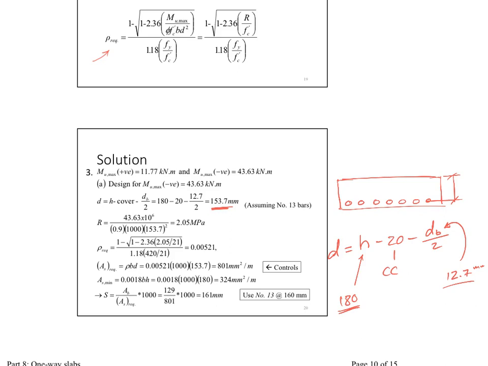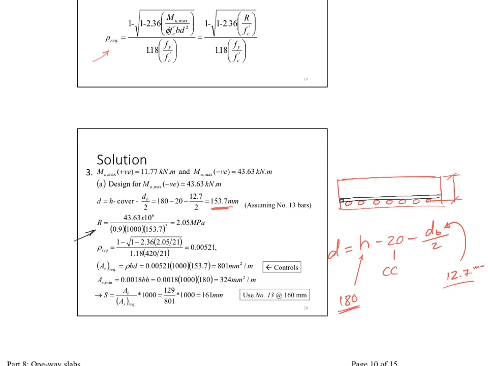Remember one important thing. The D in the short direction will be different than the D in the long direction, because in the long direction, I will place my bars above the short direction bars. So we will have a different calculation. But for now, let's continue working in the short direction.